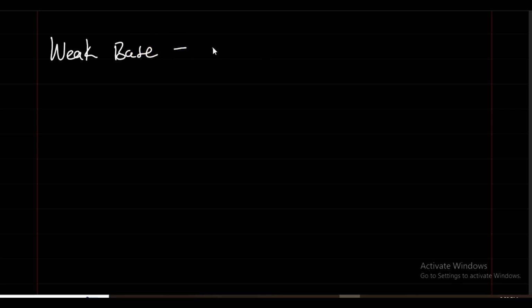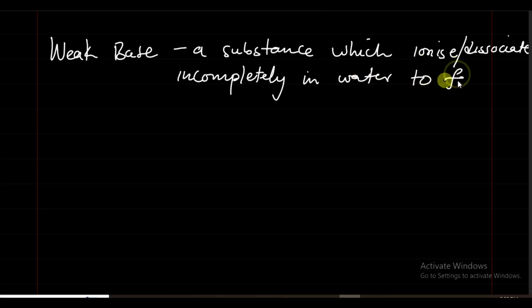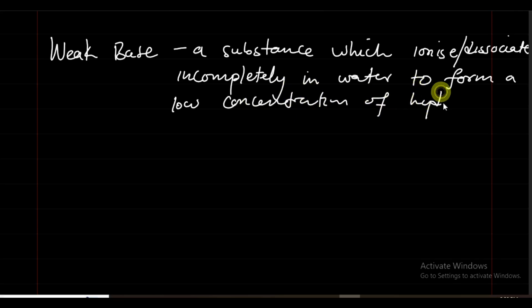So a weak base is a substance which ionizes and dissociates incompletely in water to form a low concentration of hydroxide ion.